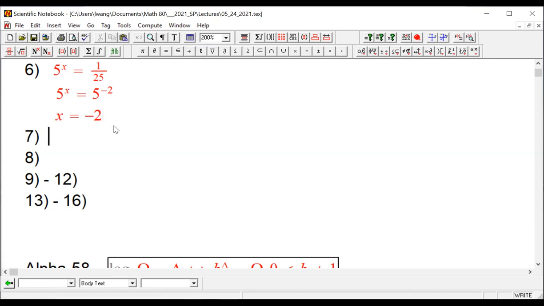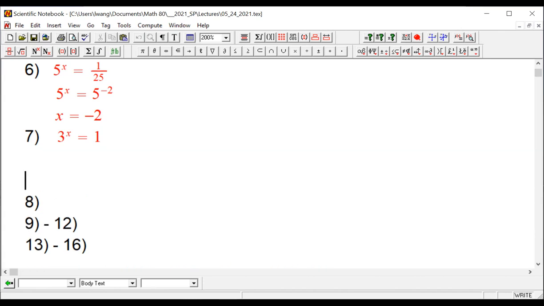So you can see we use that intuitive method. We can actually solve all of these equations without bothering with the definition at all. But definition is important because very soon you're going to see that we have to use it.